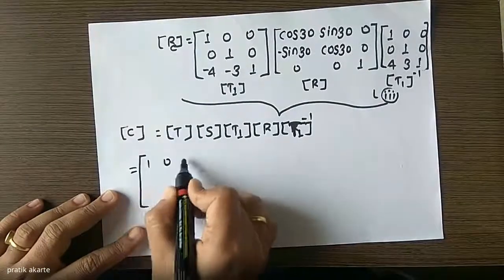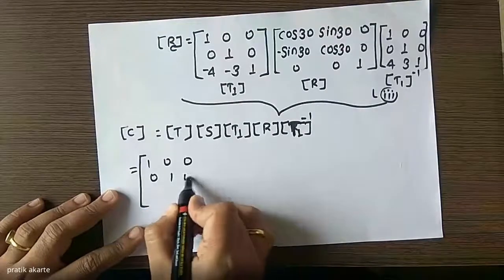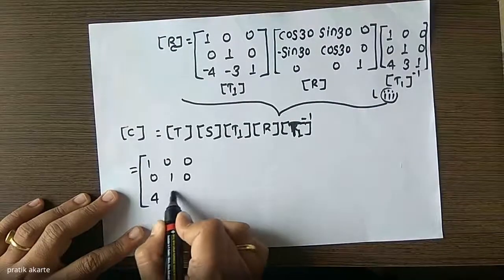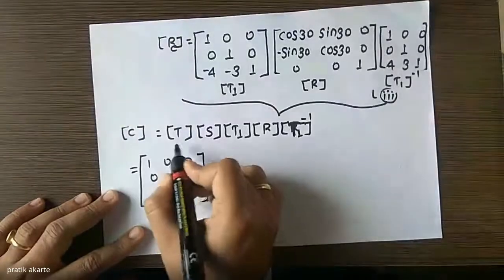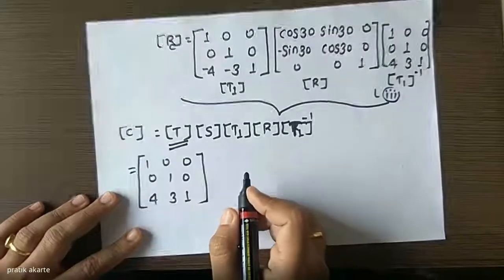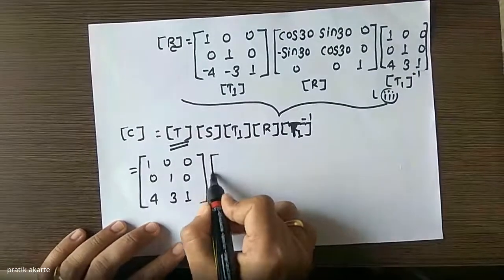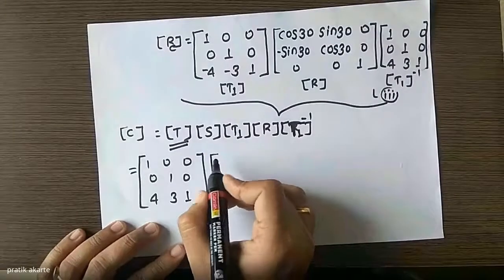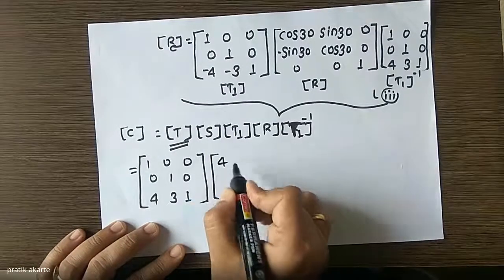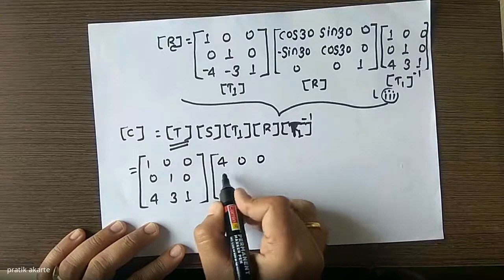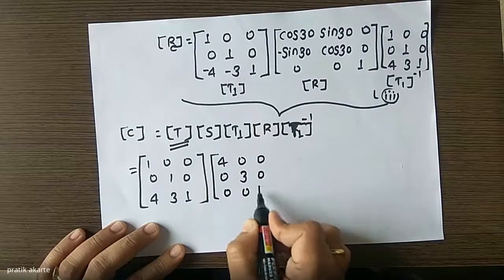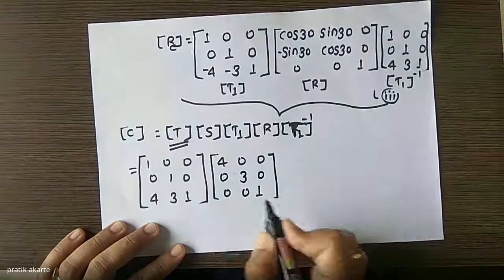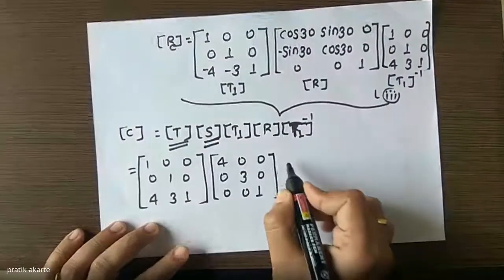1 0 0, 0 1 0, 4 3 1. This is for the first translation. Second one is for scaling. We write it as 4 0 0, 0 3 0, 0 0 1. This is for scaling.